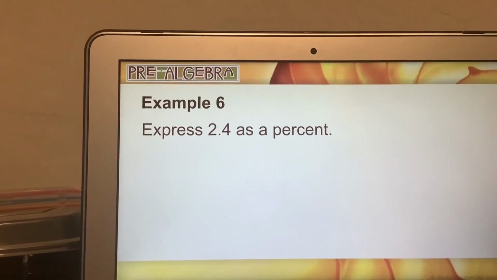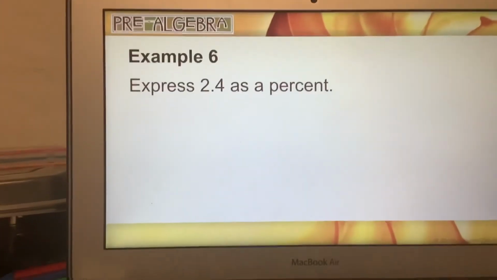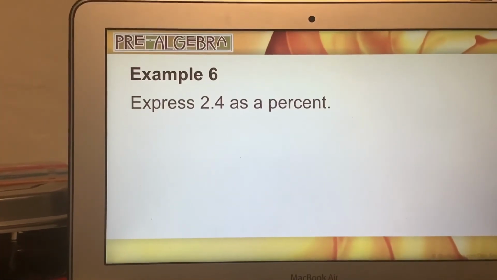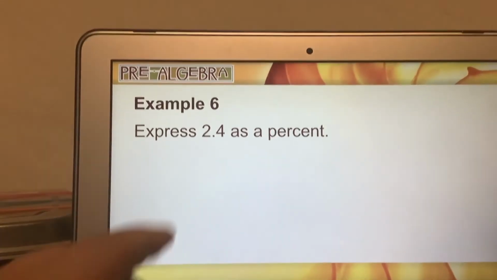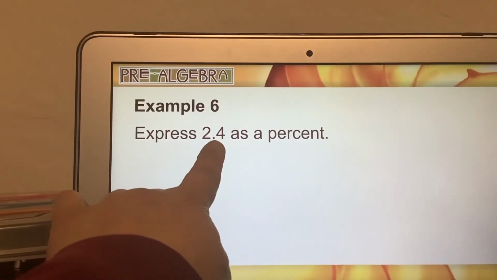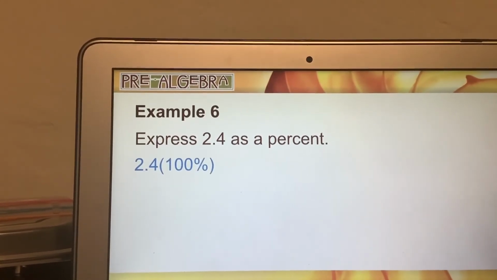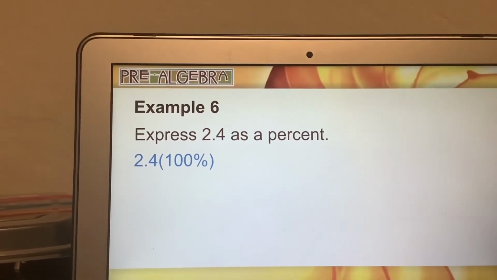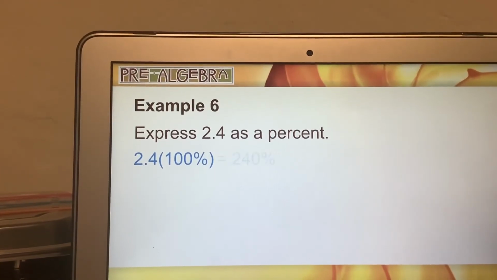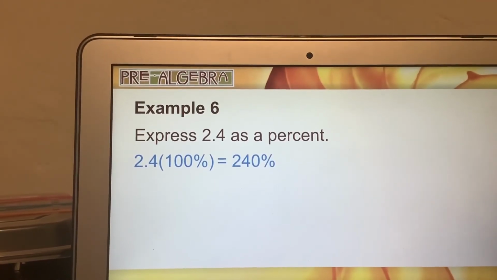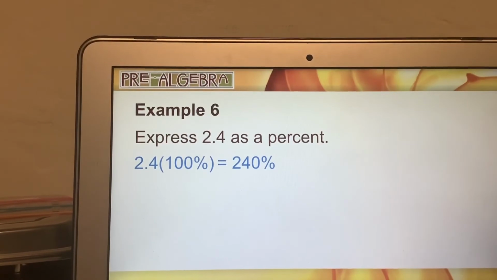Okay, let's take a look at an example here. 2.4 as a percent. How would I write that? I'm going to take 2.4 and multiply by 100%. So 2.4 times 100 is going to be 240%.